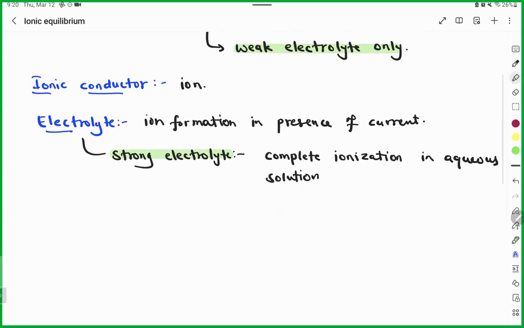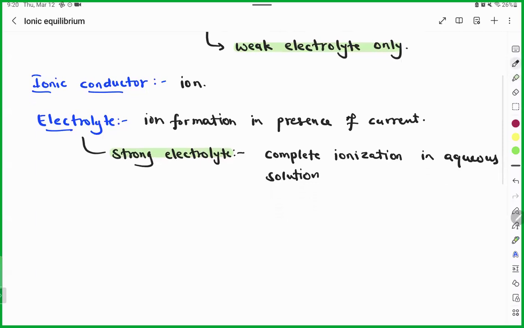Correct. In this case, if you see the degree of dissociation, alpha is the degree of dissociation, it will be 1, or simply we are saying 100% dissociation. That's why it is a strong electrolyte.